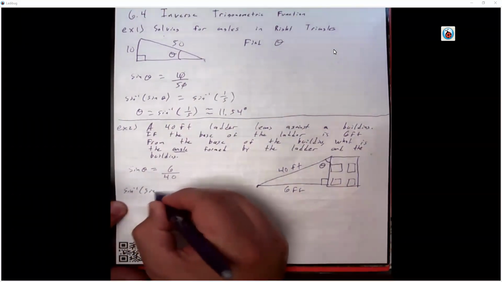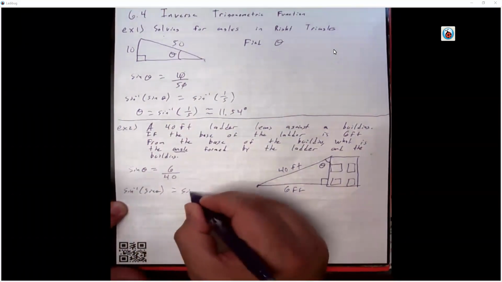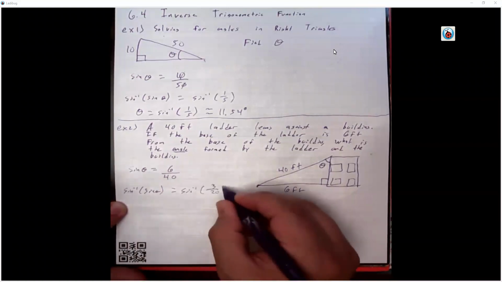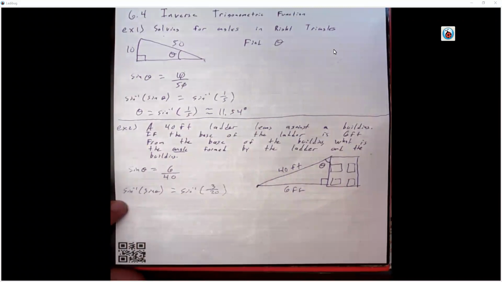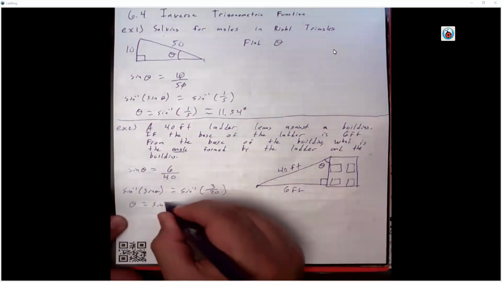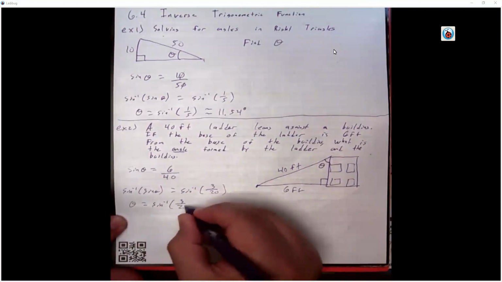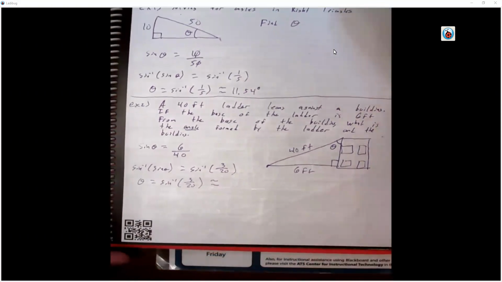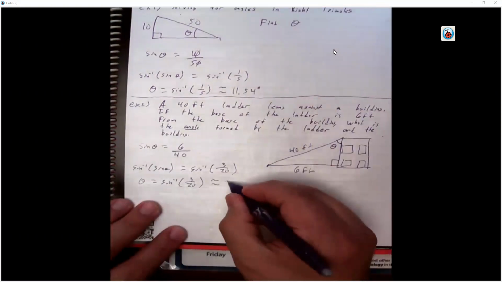So sine inverse of both sides. 6 over 40 reduces to 3 over 20, right? And that's it. Theta is equal to sine inverse of 3 over 20, which is approximately 8.63. Yeah, that's not great.